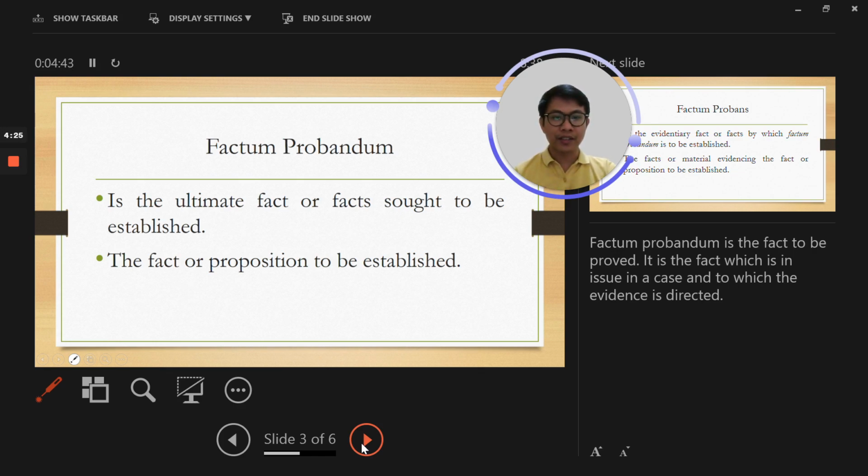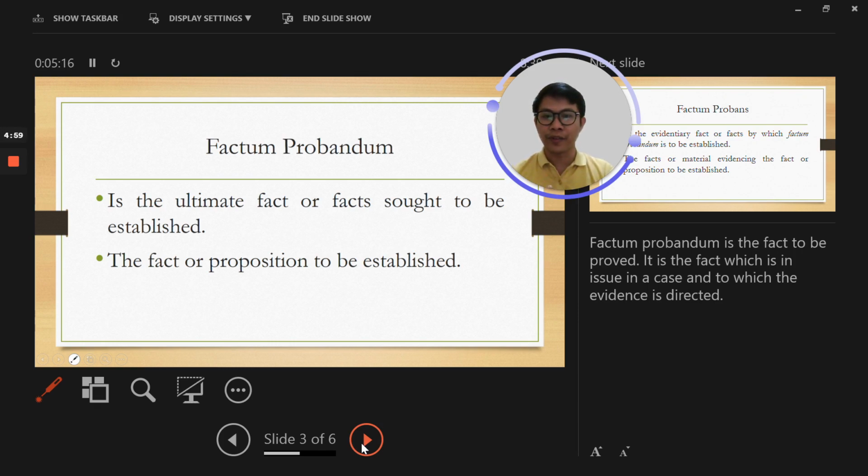So in a particular case, this factum probandum is the ultimate fact that must be established. So all our evidence, all material evidentiary facts must be directed to this factum probandum in order to establish this proposition.